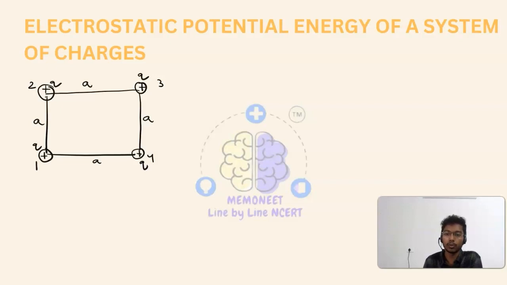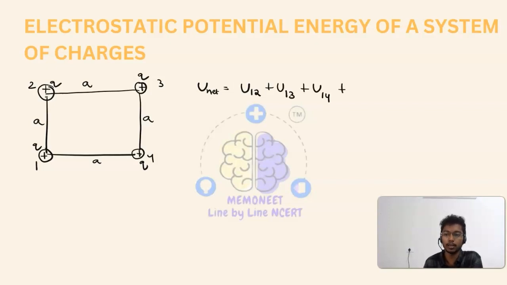So we have the net potential energy equal to the interaction of potential energy between 1 and 2, plus U13, plus U14.